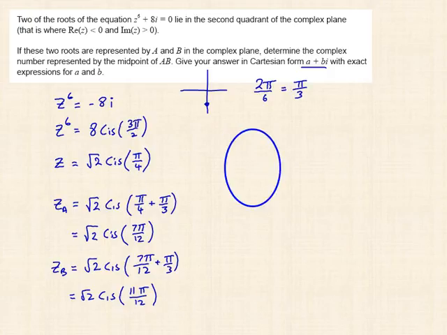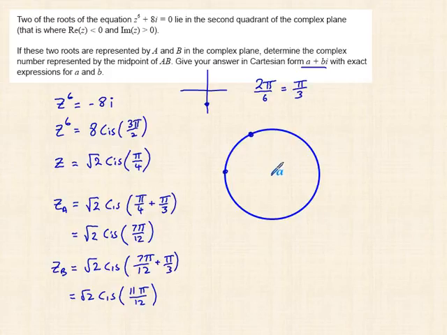Now, since these roots lie on a circle, and we're talking about one here and one here, it stands to reason that the midpoint would be here, and this angle here would be pi by 6.